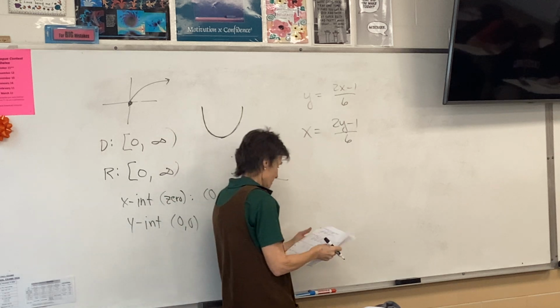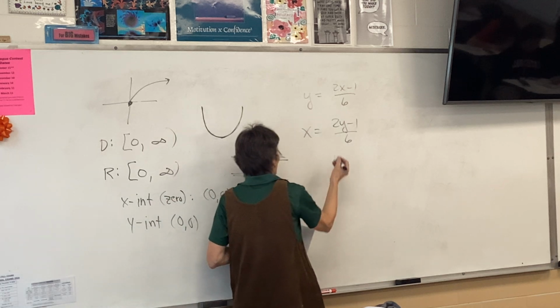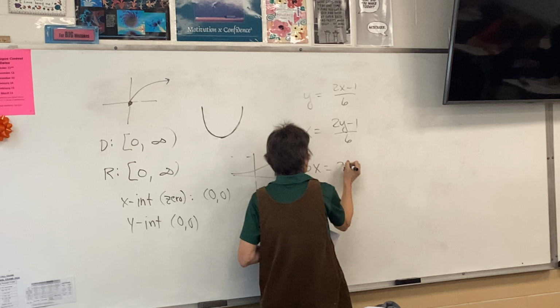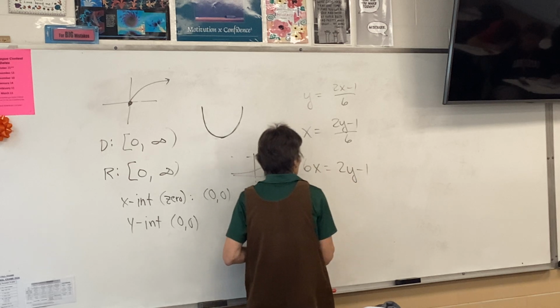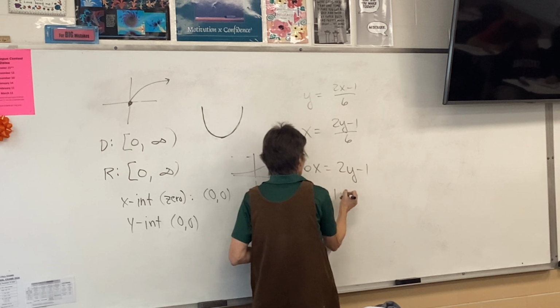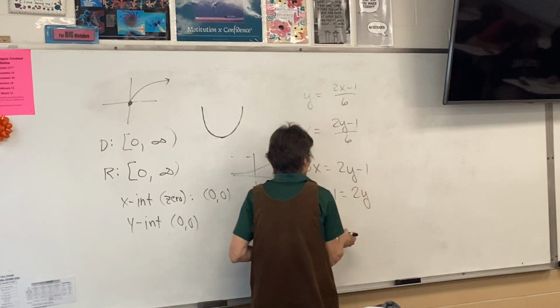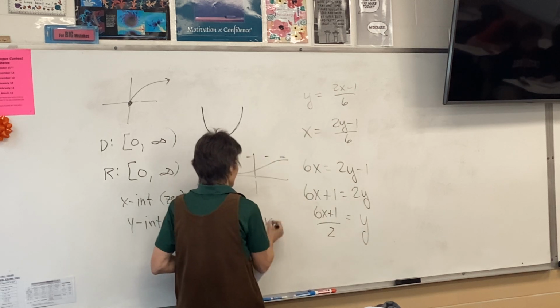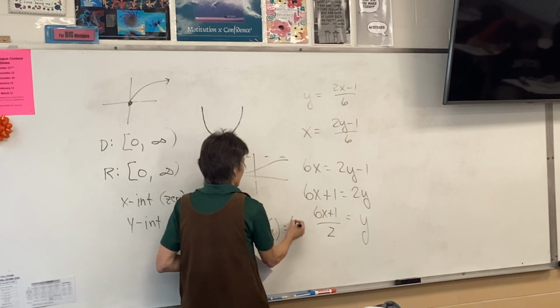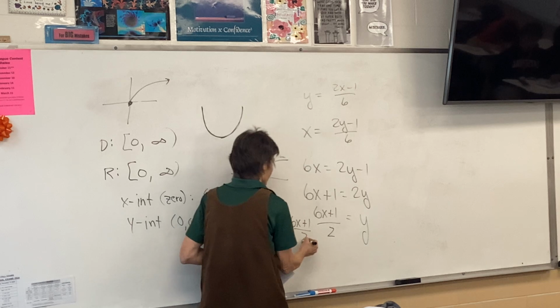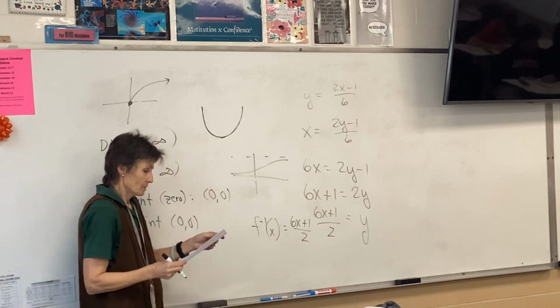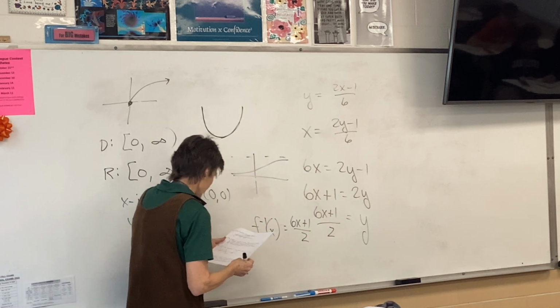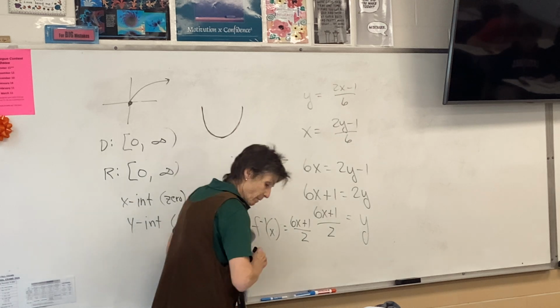And then solve for y. So multiply by 6, add 1, divide by 2, and the inverse is (6x plus 1) over 2. So those are the steps you need to remember.